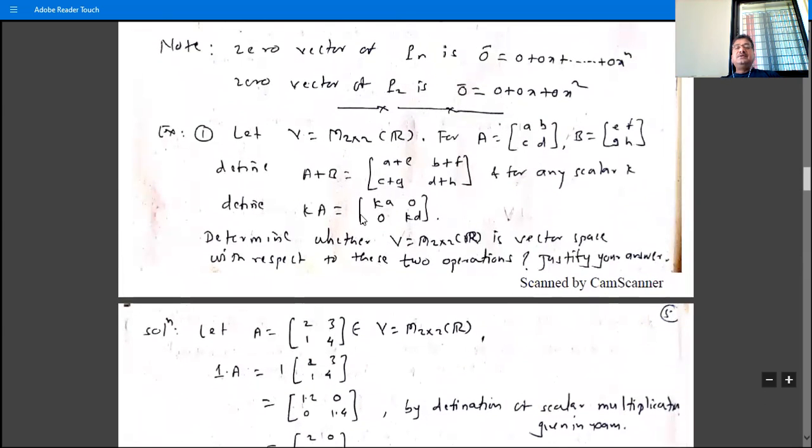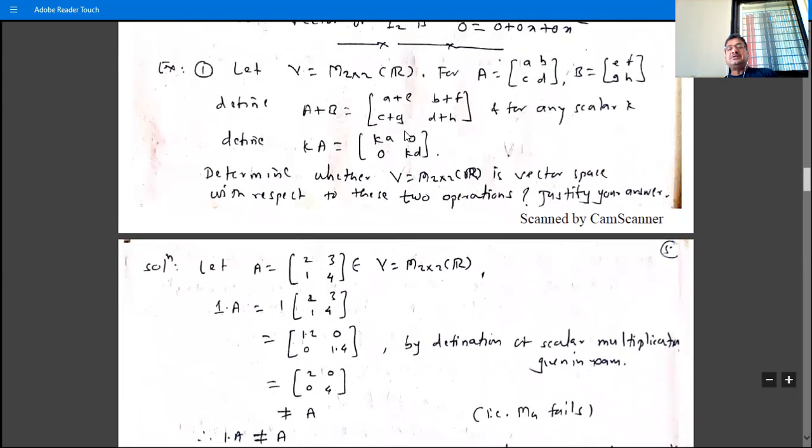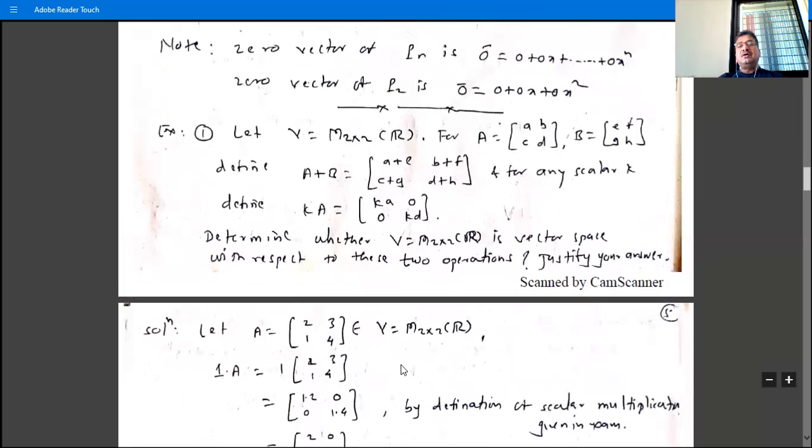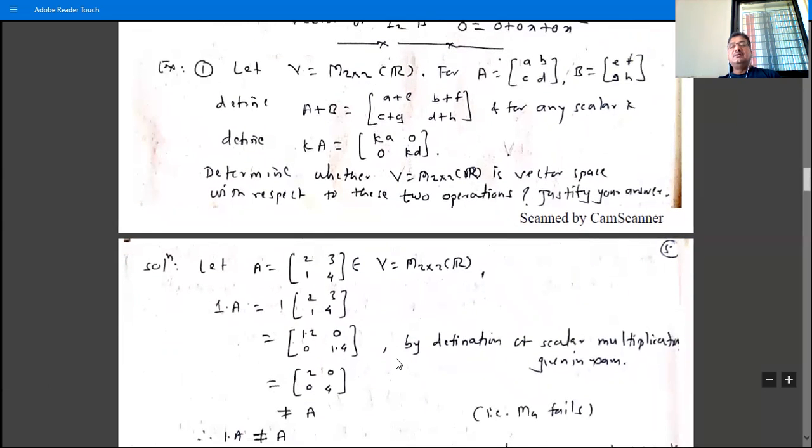The set is the same, but the definitions of the operations are changed, and that is why the set is not a vector space. So for a set to be a vector space, not just the set is important, the two operations are also important.